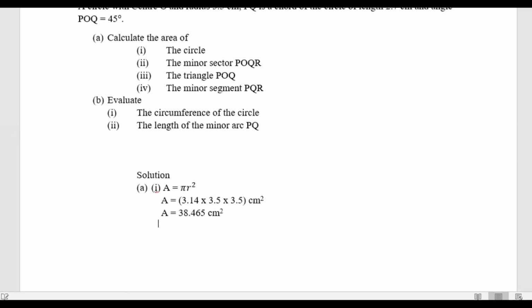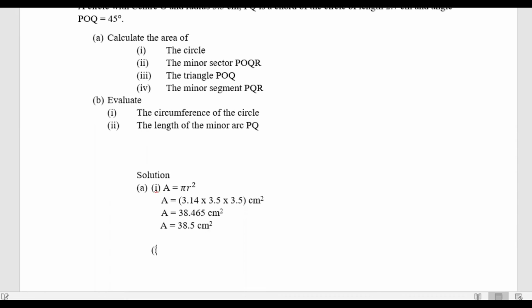And we can put this to one decimal place. If you put it to one decimal place, this is equal to 38.5 centimeters squared. Are we clear there, everybody? Yeah, miss. All right. Good.